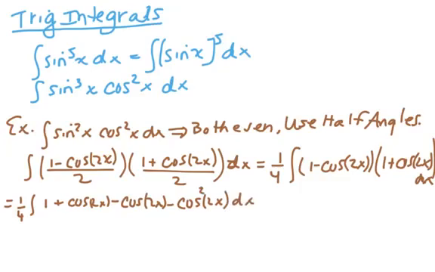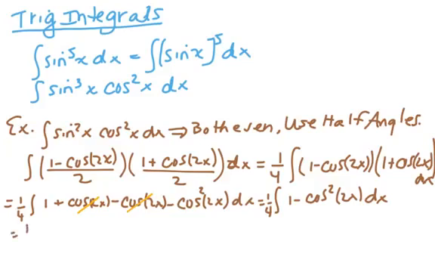So these two terms are going to cancel out, and I'm left with the integral 1/4 of 1 minus cosine squared 2x. And you may say to yourself, well, gee, I didn't get any better here, but you really have. Hang with me for a minute. So now I can use the Pythagorean identity on that.